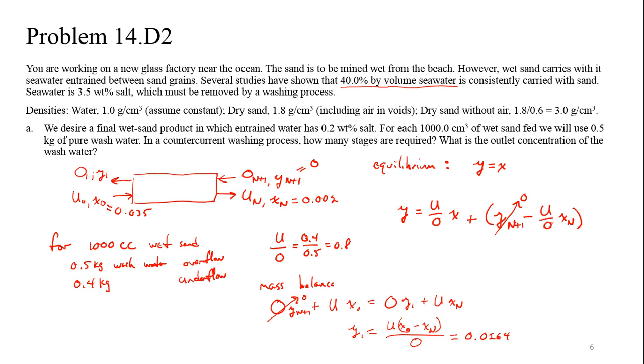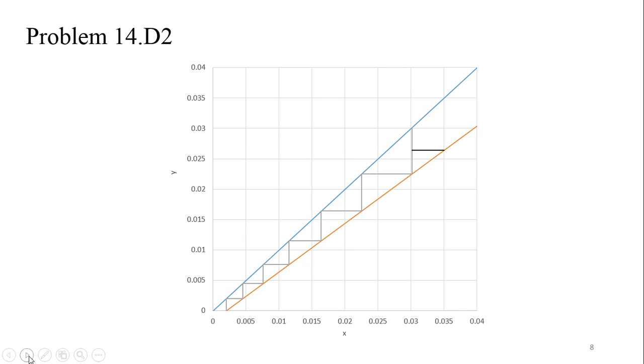So we've got our operating line. And so, again, with equilibrium line and operating line, you can plot them up on a plot. We've got straight lines for both the equilibrium and the operating line, and you can step off stages. And when you do that, you get something like 1, 2, 3, 4, 5, 6, and this is about roughly a half. So about 6.5 stages-ish.